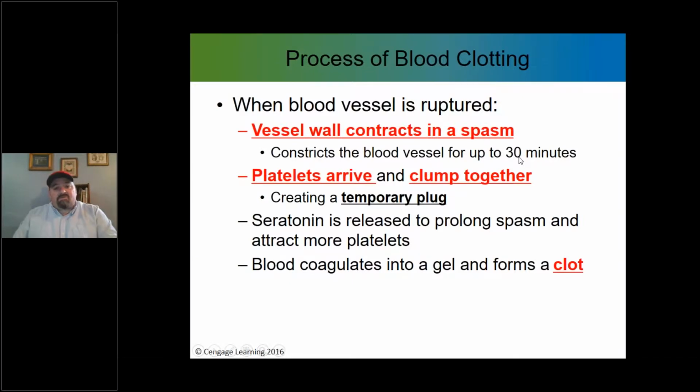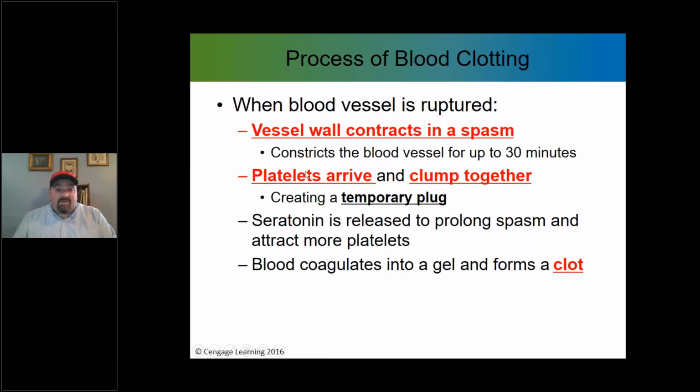Yeah. So you'll see here too that as a result of any type of damage to a blood vessel, what'll go on right away is that the vessel wall will contract in a spasm, and that'll affect how much blood flow is passing through that vessel. So that's important as far as minimizing the amount of blood flowing through that vessel.